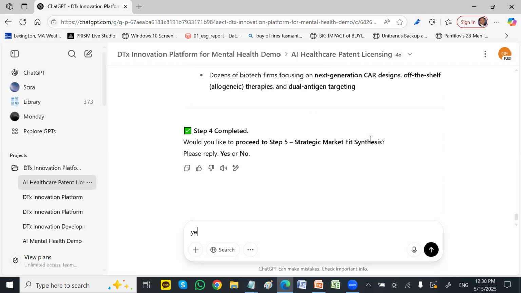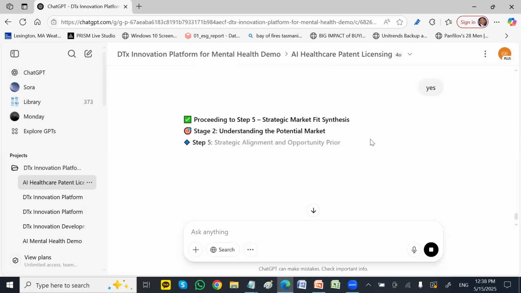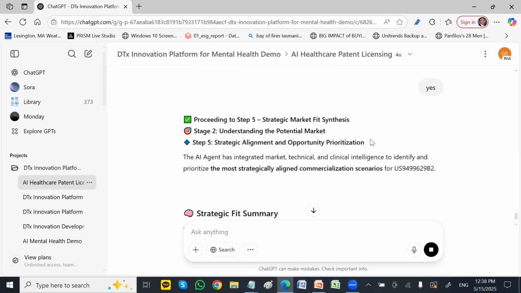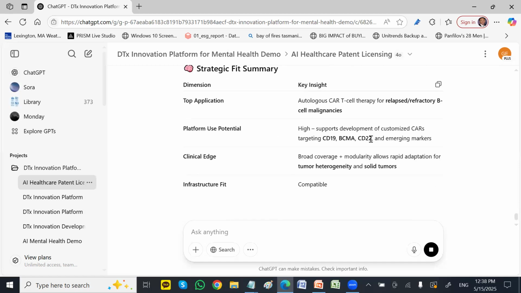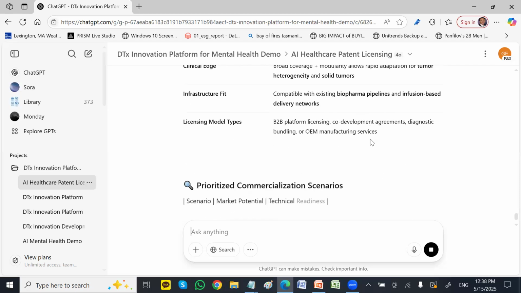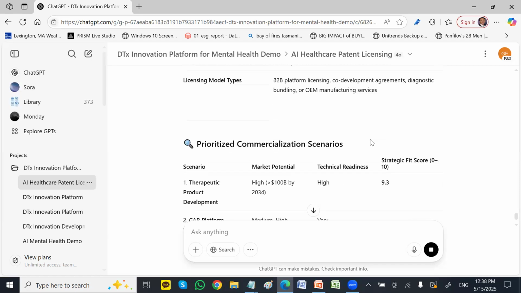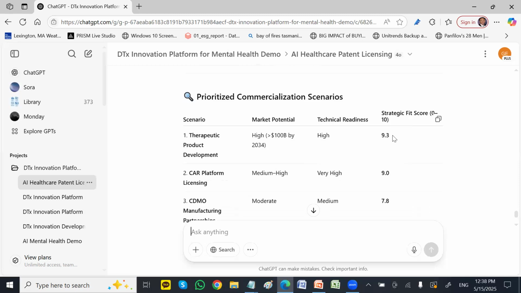And then strategic market fit. It tells you how much your innovation, the patent technology invention, can be commercialized, and gives you some quantified number.